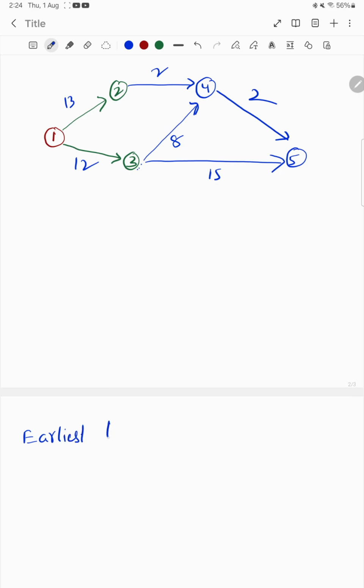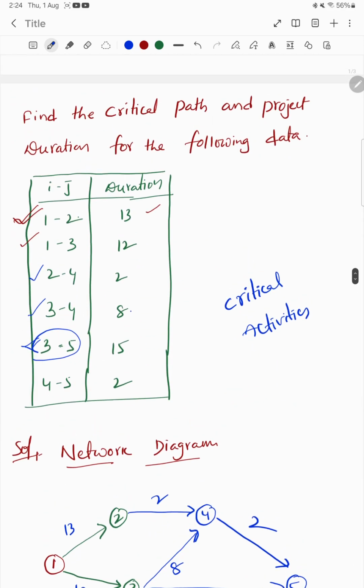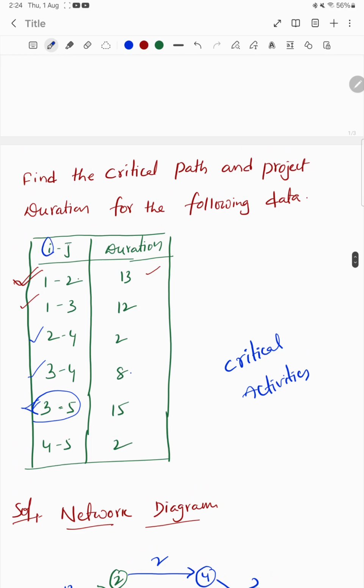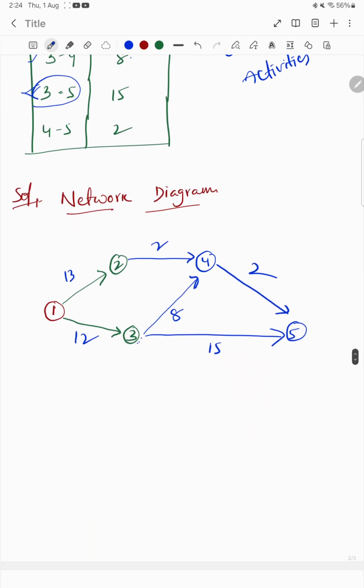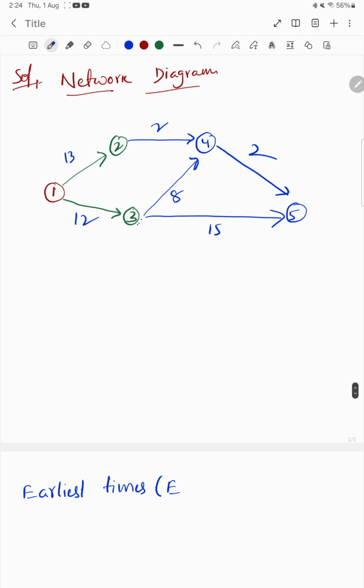Earliest times are represented by E. Starting is always represented with I and finishing is represented by J, so earliest start is represented with EI.